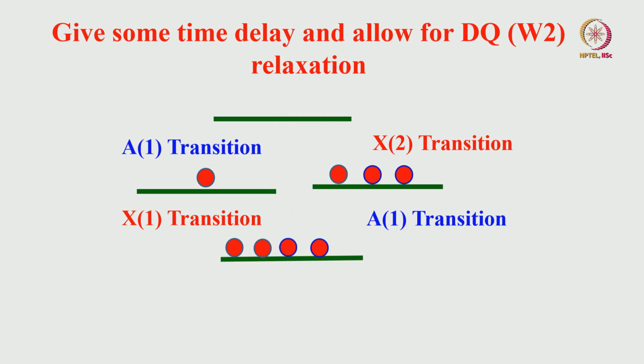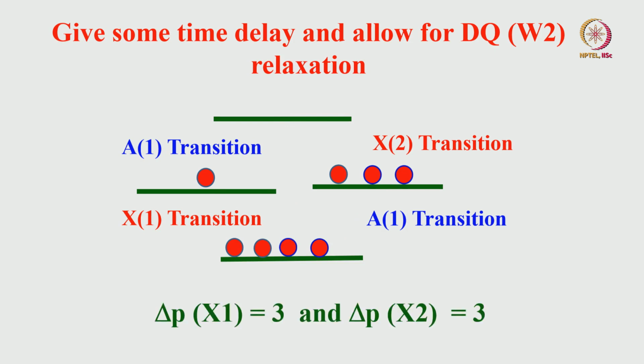Now let us calculate the intensities of both A and X spins. For the A transition, 1 minus 0 is 1, and 4 minus 3 is 1. The A transition has intensity 1. Now see the X transition: 4 minus 1 is 3, and 3 minus 0 is 3.